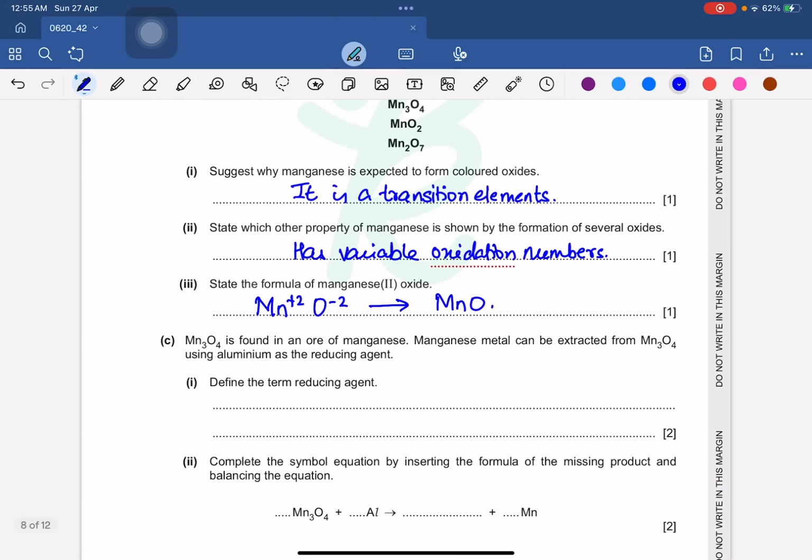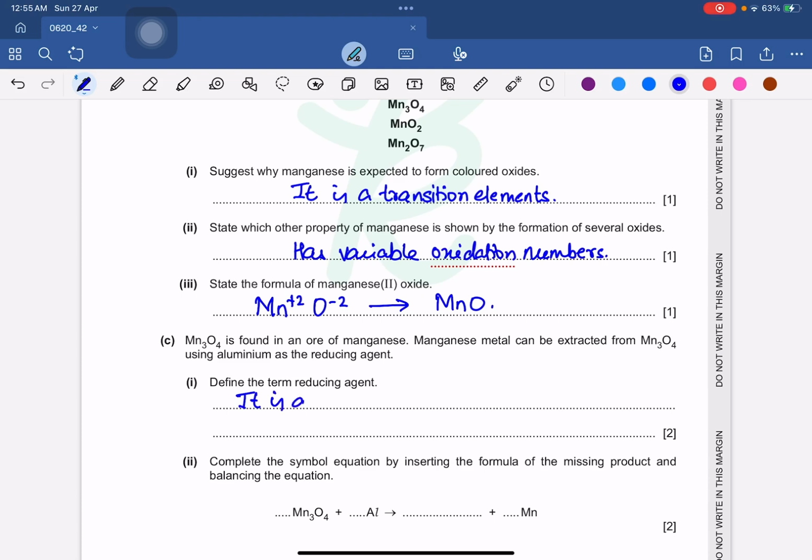Let us move on to the next question. Mn3O4 is found in an ore of manganese. Manganese metal can be extracted from Mn3O4 using aluminium as a reducing agent. Define the term reducing agent. So a reducing agent is a substance that itself gets oxidized and reduces another substance.